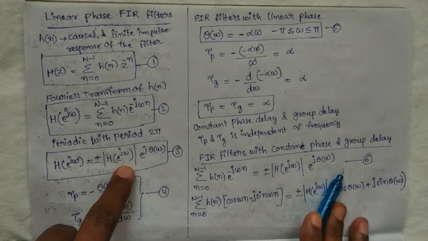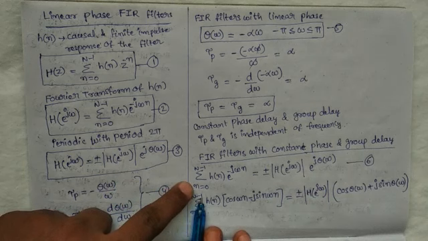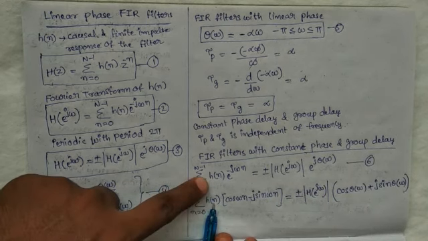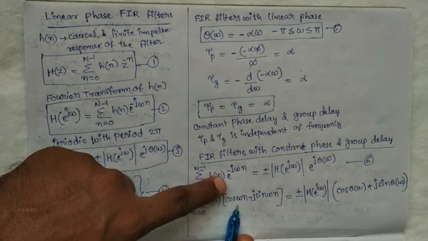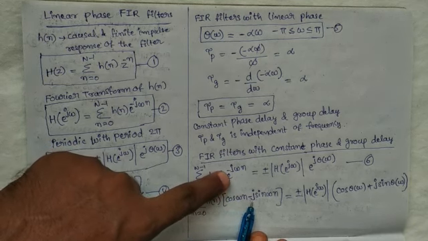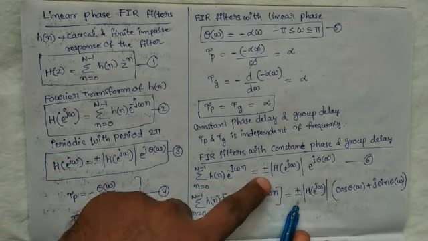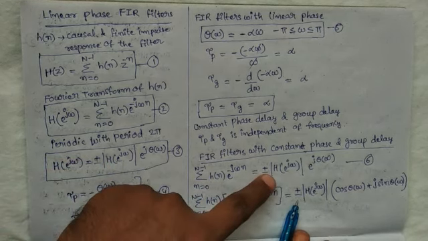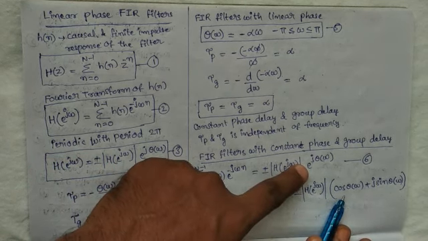Here this is equal to summation n is equal to 0 to capital N minus 1 h of n into, how to write e power minus j omega n? cos omega n minus j sin omega n. It is equal to plus or minus mod h of e power j omega into e power j theta of omega.